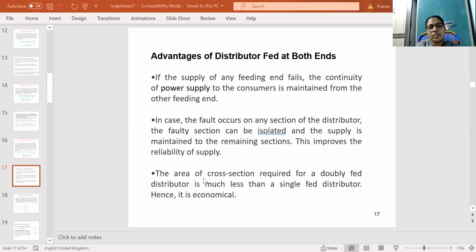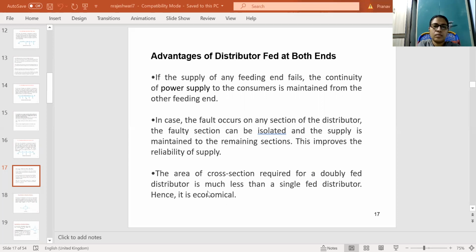The area of cross section required for a doubly fed distributor is much less than for a singly fed distributor. Hence, it is economical, because in a singly fed distributor, if any fault occurs, it is totally isolated from the supply.